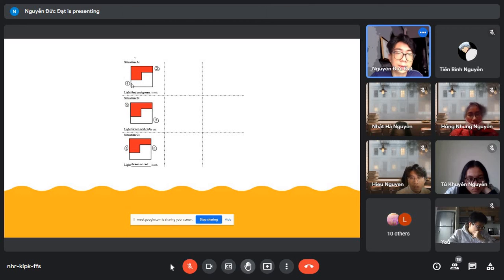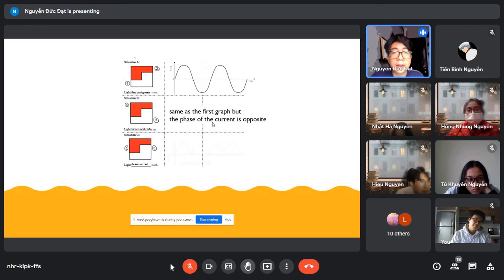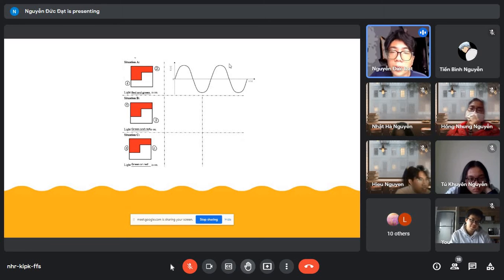For example, the first brush is connected with the white ring, and the second one is connected with the red ring, and they will always contact that ring, right? So it will collect the AC current produced in the coil. This is the collected current here. You can see it in this graph.